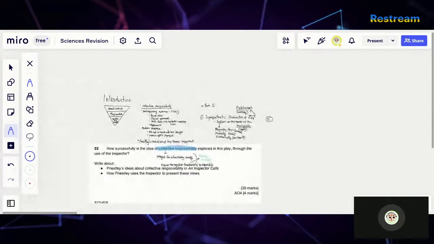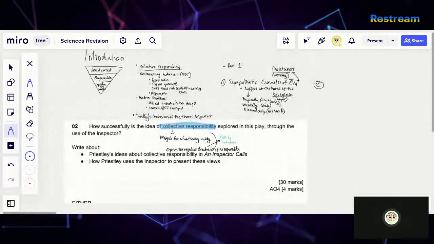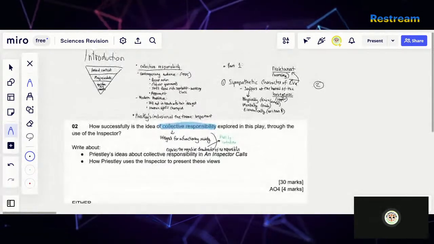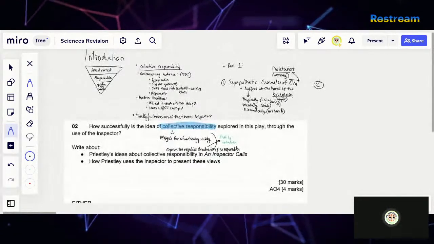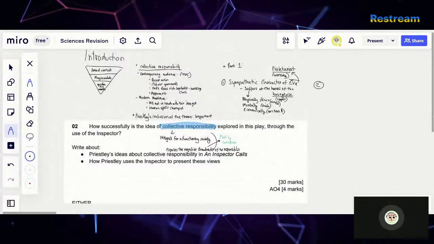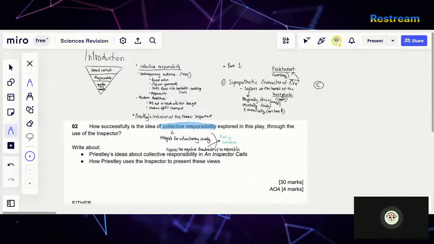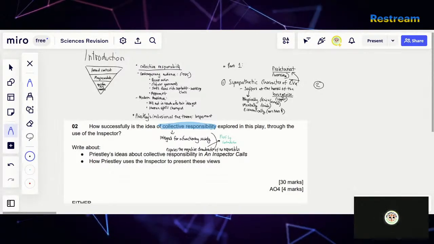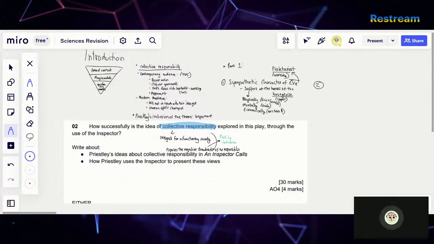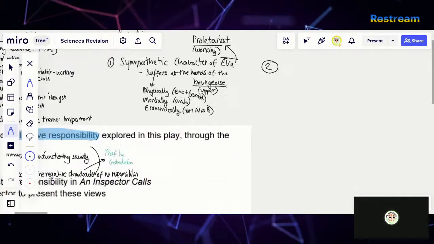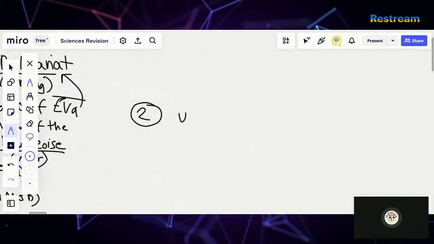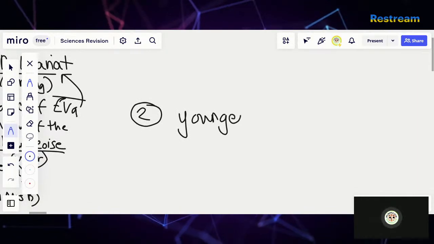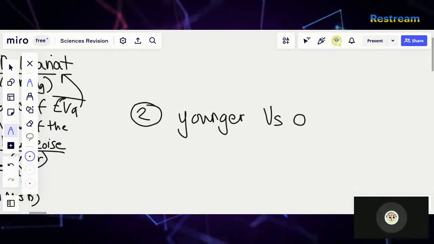So another way you could target this question, just as a bit of contrast for how successfully is the idea of collective responsibility explored, you could talk about in each paragraph different characters and how the different characters handle collective responsibility differently. So you can talk about the younger and older generation. So your second point could be about the younger versus older generation.